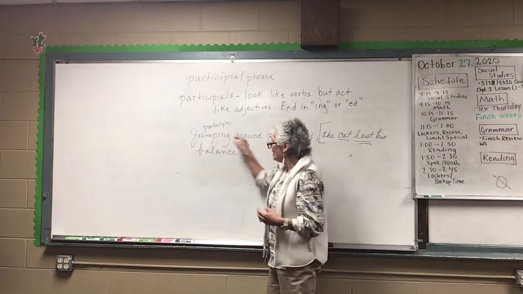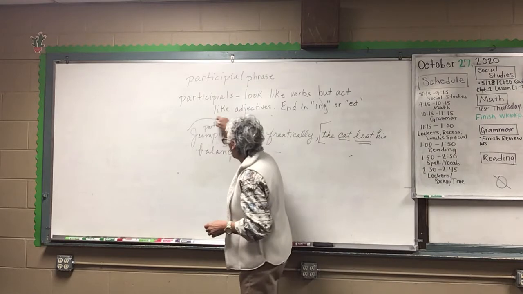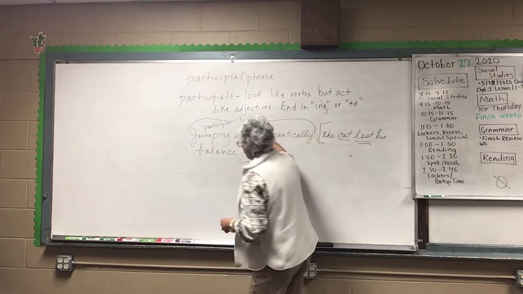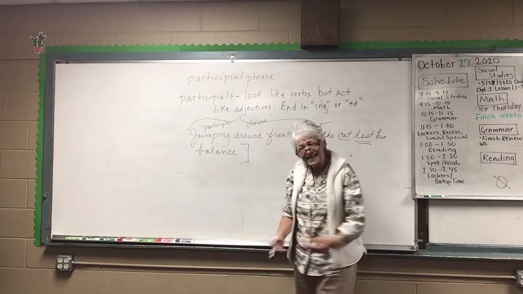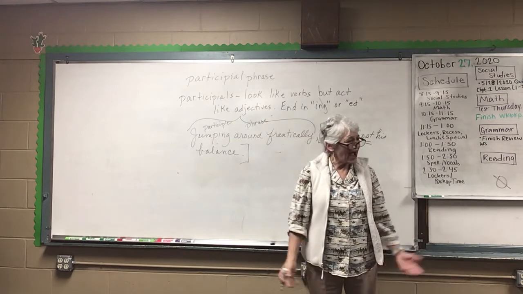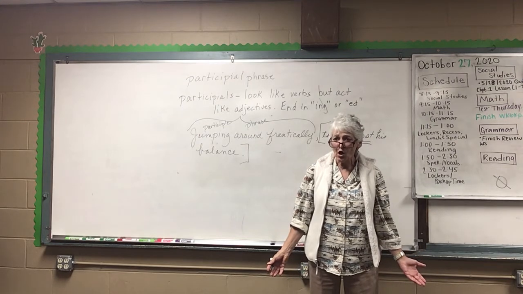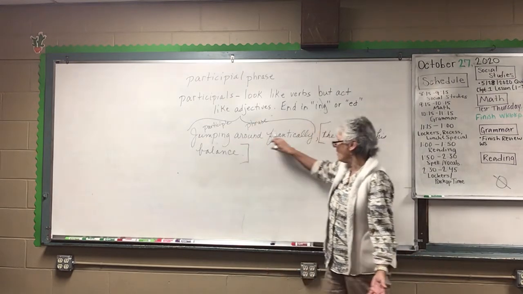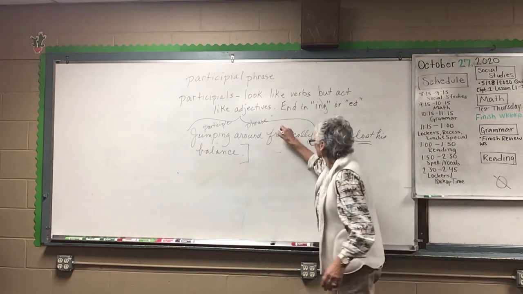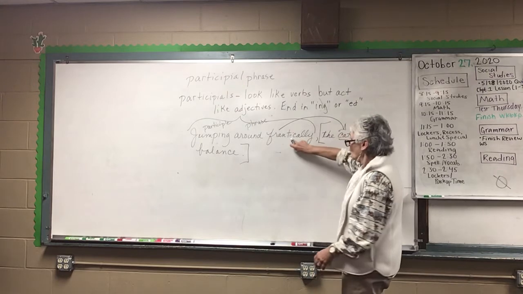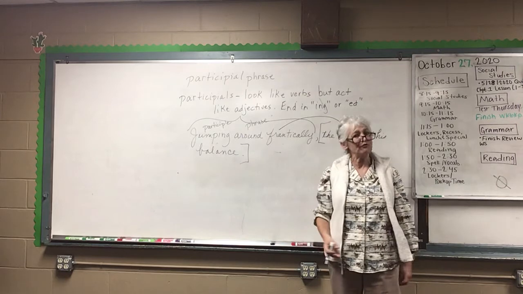Well, if jumping around frantically is the participial phrase, what is it an adjective for? Adjectives describe or modify nouns or pronouns. What does jumping around frantically talk about? The cat. This is the adjective for the cat. It's a jumping around frantically cat.